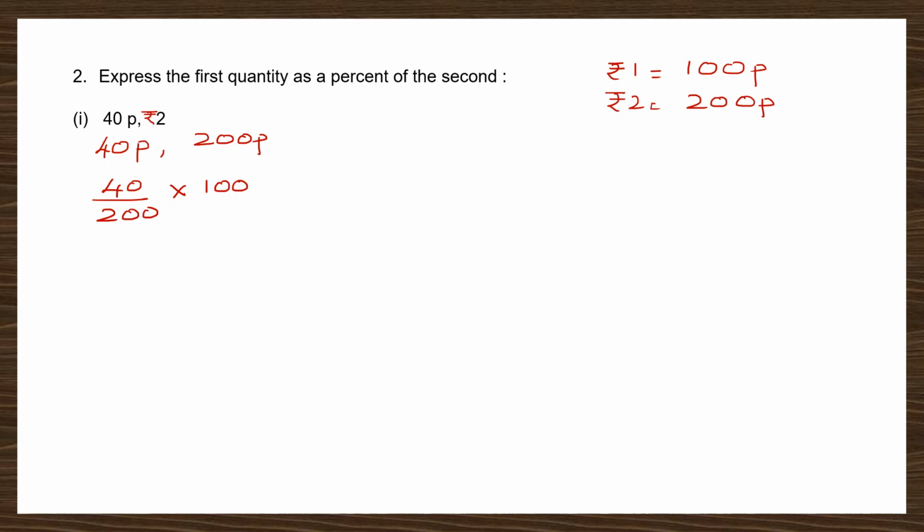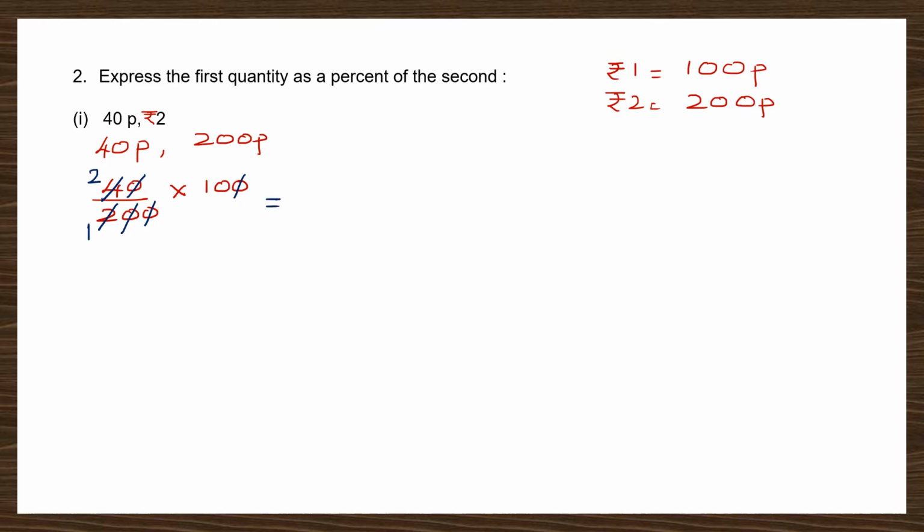From 200 I cancel 1 zero, and one more zero there. So I have 4 by 2 and here I have 10. Let me cancel 4 and 2. 2 ones are 2, 2 twos are 4. That's it, we finished cancelling.